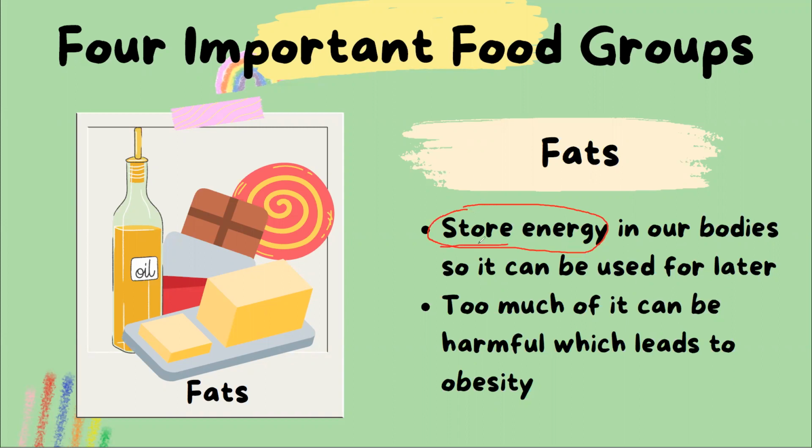However, the word store here means to keep. So in the body, if you keep storing energy in yourself, it is because your brain is automated in a way that it thinks, okay, fats means must be storing energy. So when you eat too much fats, it can be harmful, which leads to obesity.